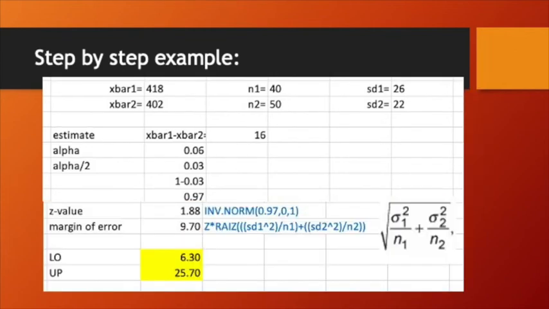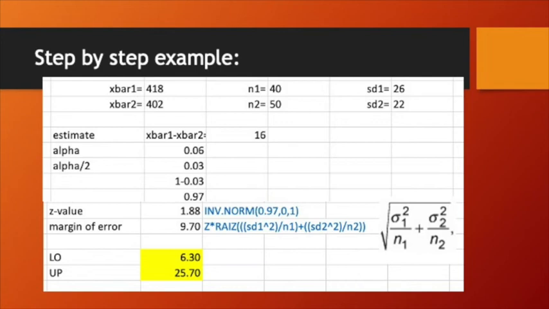So we calculate that with the function NORM.S.INV at 0.97, for a mean of 0 and standard deviation of 1. So it gives us a z value of 1.88.